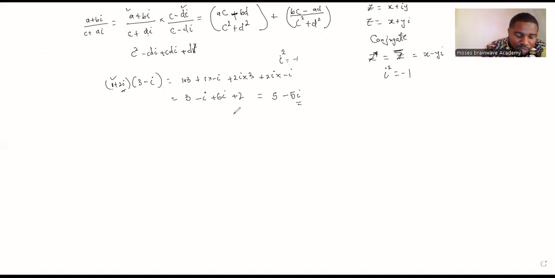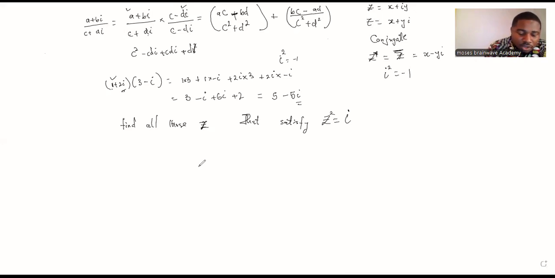Good. Now we have a very fantastic example over here. Now, there's a problem. It says find all those z. So we're talking about finding all those complex numbers that satisfy this particular equation: z squared is equal to i.